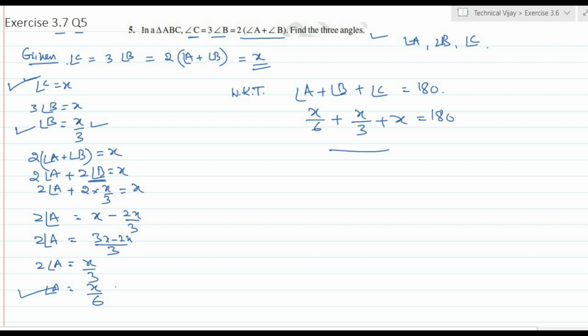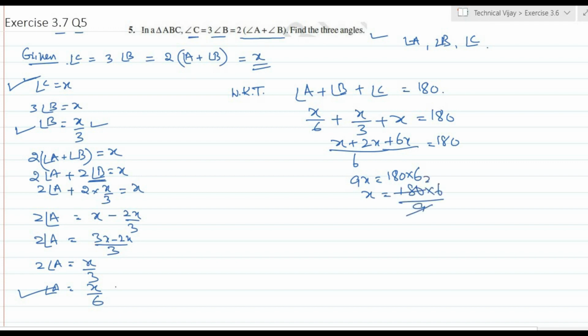So here we will take LCM. 3 and 6, LCM will be 6. This is x plus 2x plus 6x is equal to 180. Okay. So 1 plus 2 plus 6, this is 9x is equal to 180 into 6. So x is equal to 180 into 6 divided by 9.